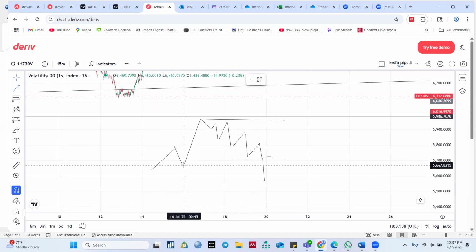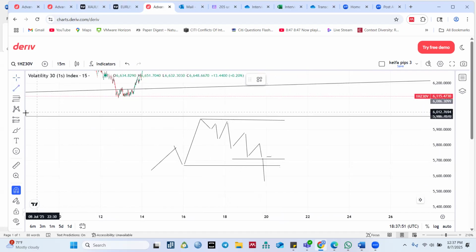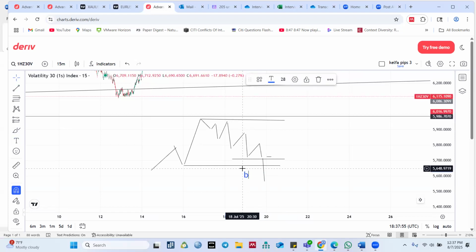Dropping down means it broke the 100% here. This will normally be your stop loss. Once it breaks here, it means that we are having a new change, or BOS, break of structure. We are changing direction to the downside.